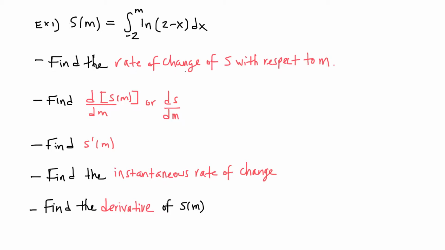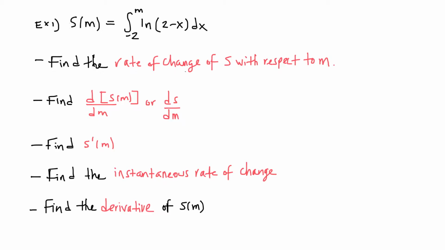One of them is the many different ways they can ask the same question. We have a function defined by an integral, s of m, which equals the integral from -2 to m of the ln of 2 minus x with respect to x.